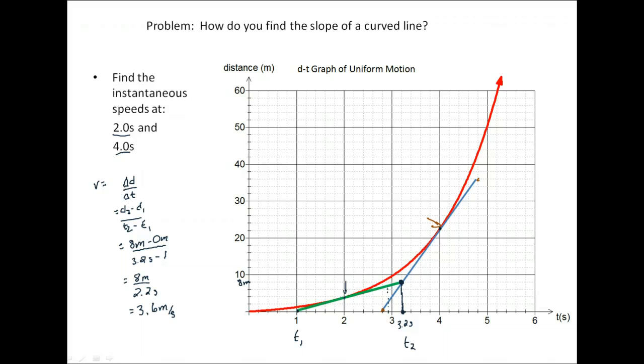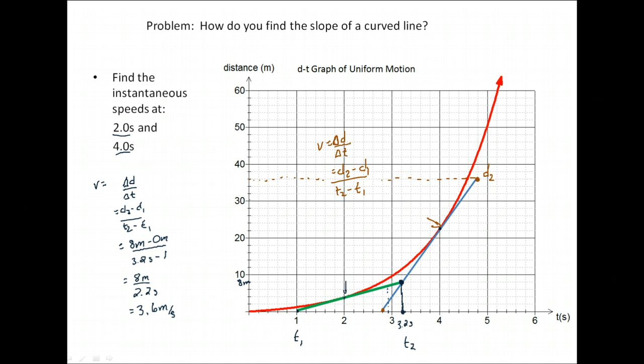So to calculate slope, or instantaneous velocity, change in distance. So remember that triangle delta means change in, and change in time. So d2 subtract d1 over t2 subtract t1. So my d2 would be here. I look across and I keep going.